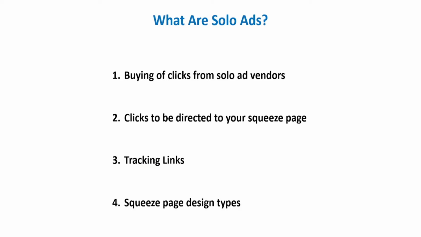For different types of traffic, the squeeze pages are different. For solo ads traffic, it has to be very simple, with limited resistance, meaning the less information you collect, the higher the conversion rate will be.